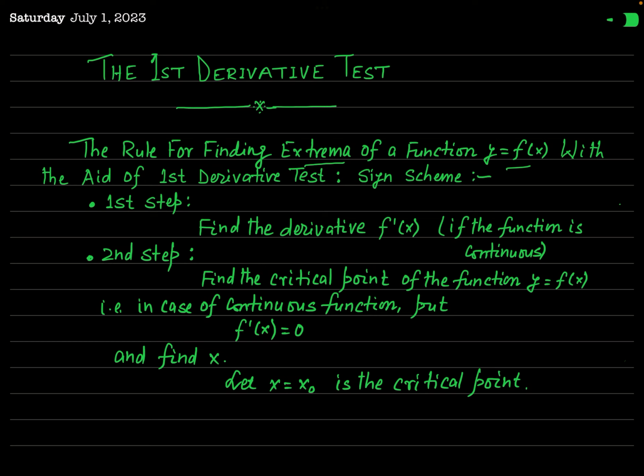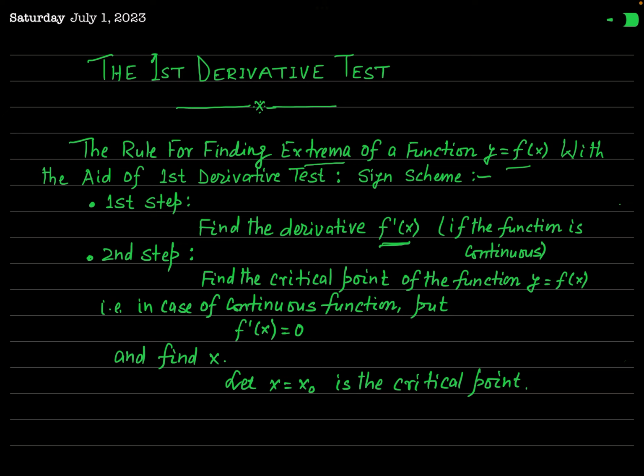First of all, you have to find the derivative of the given function. It means we will find dy by dx, which is denoted by the symbol f dash of x. Actually, this derivative is defined only when the function is continuous. But you will see later on that this idea can be used in the case of a discontinuous function too. But here I am just talking about a continuous function whose derivative is defined at each and every point.